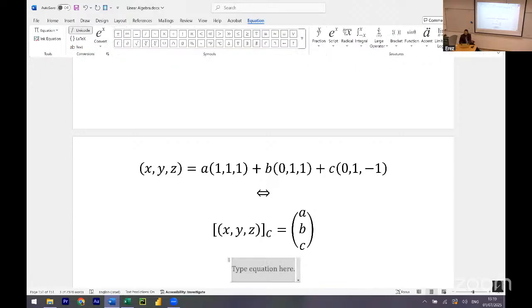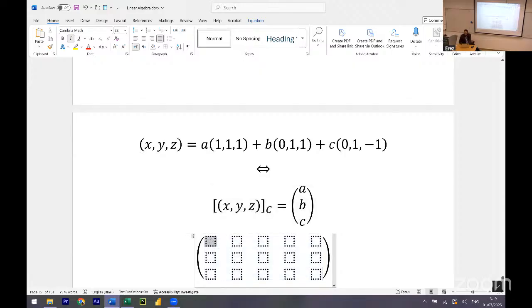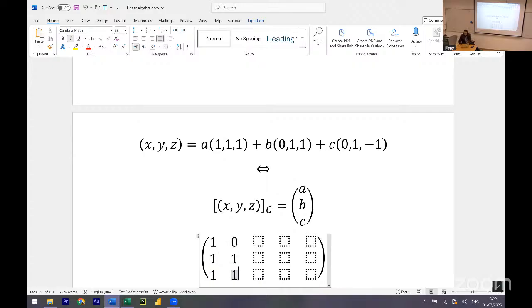So we have the matrix (1, 1, 1), (0, 1, 1), (0, 1, -1).